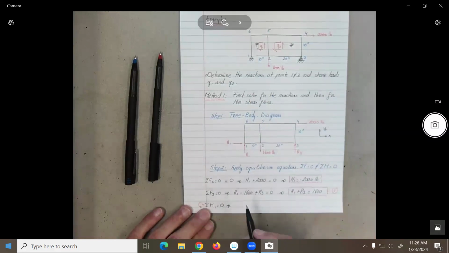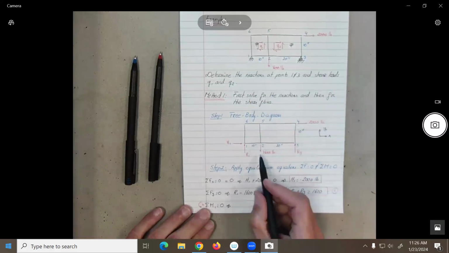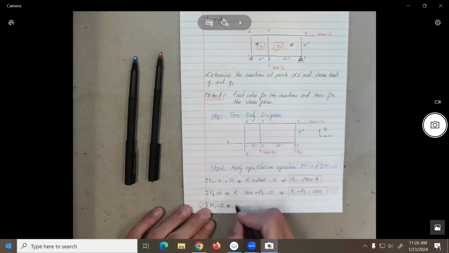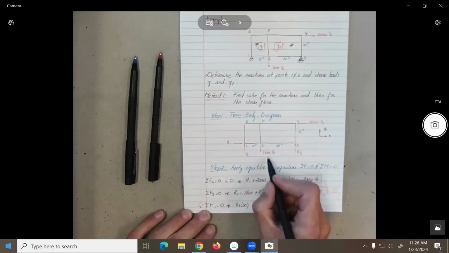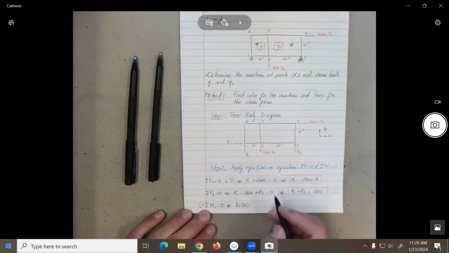Okay, so what will be the equation? What will be the moment created by, let's say, R3? Will that moment be positive or negative? Positive, so R3 will be the force. The arm is 30. Then what will be the moment created by the 1600? Will that one be positive or negative?